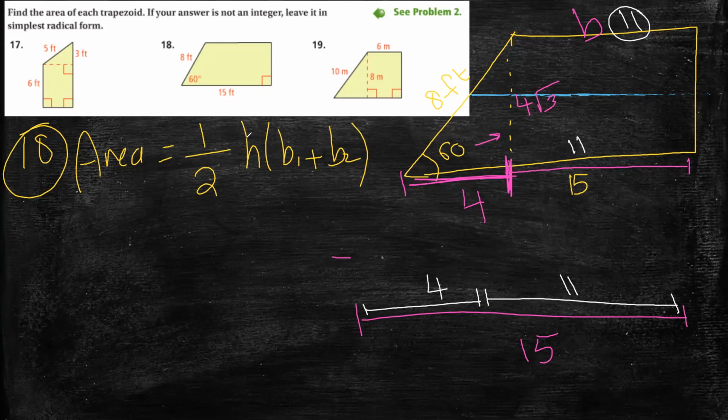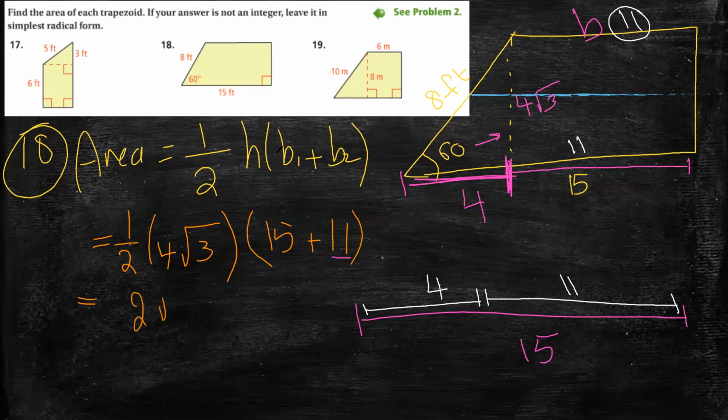Yes. So now I have the height, I found the height, I have base 1, I have base 2. I can find now the area of the trapezoid. So now the area of the trapezoid is half times 4 square root of 3 times base 1, 15, plus base 2, 11.